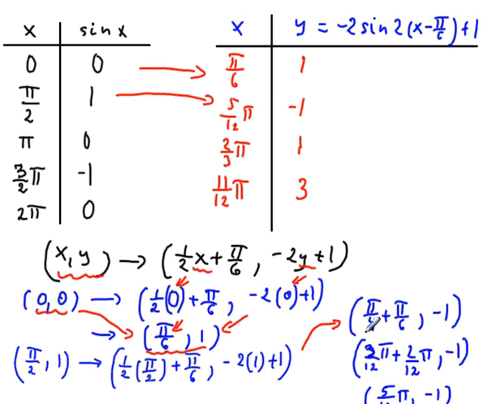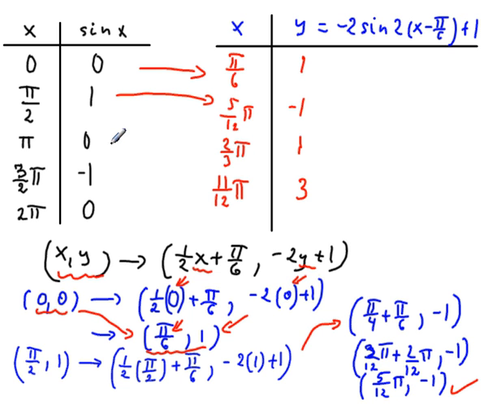When you work with fractions, you have to understand that I can add only when the denominator is the same. So this is why you have to change this to 12 times 3, this to 12 times 2. So in the end, you will see that you have 5 pi over 12, and negative 1.